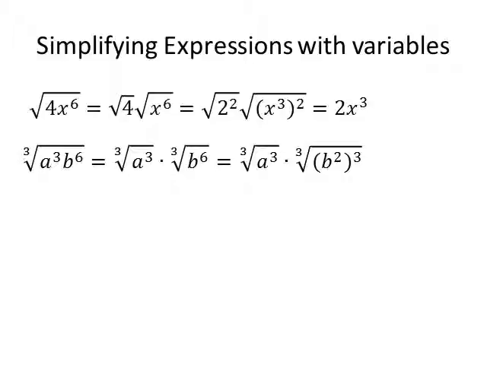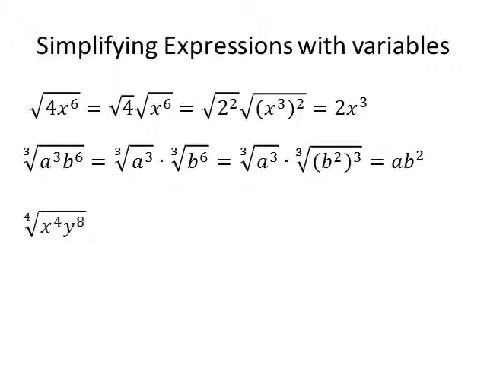Nothing changes there. Then we have the cube root of b squared to the 3rd, because remember 2 times 3 is going to give me 6, and I need that outside number to be 3 because I need to cancel out my 3's. So I cancel out the index 3 with the exponent 3 on the a, and I cancel out the index 3 with the exponent 3 on the b. What I'm left with is ab squared.